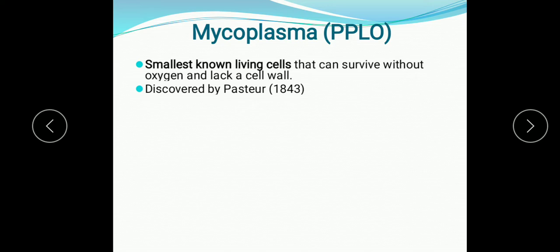So cell wall is absent in them, and these cells were discovered by Pasteur in 1843 while studying the causative organism of pleuropneumonia in cattle. So they were designated as PPLO, that is pleuropneumonia like organisms, and they are frequent contaminants in tissue cultures rich in organic matter.